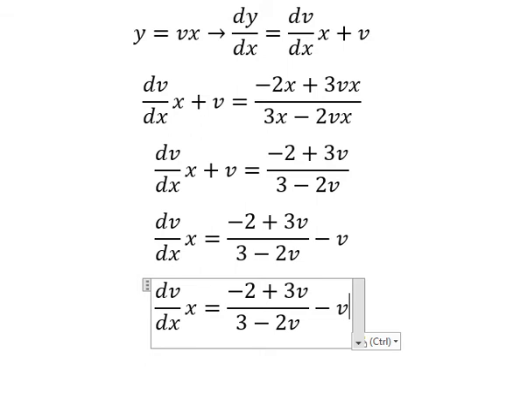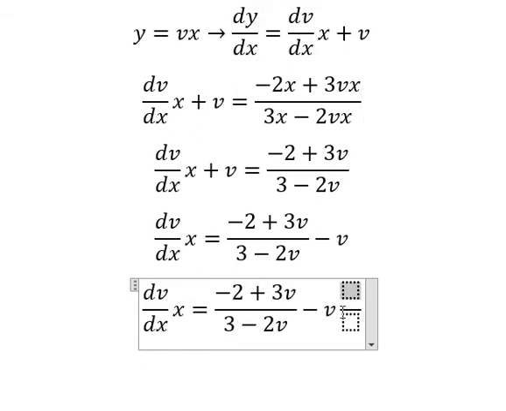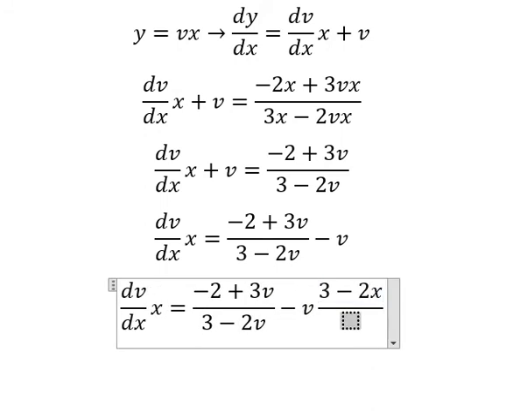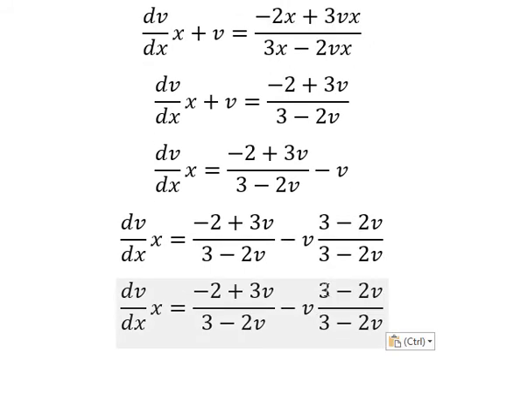For v, we can do a common denominator. So we put 3 minus 2v. So v multiplied by 3 and negative 2v.